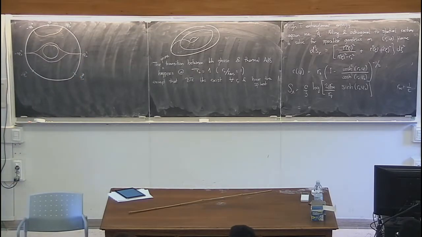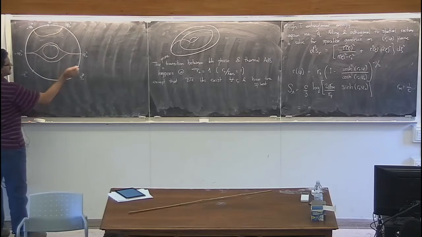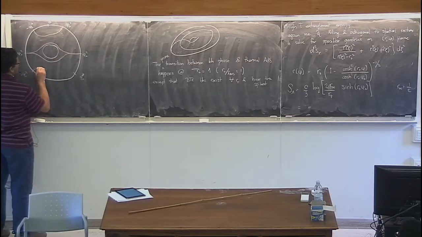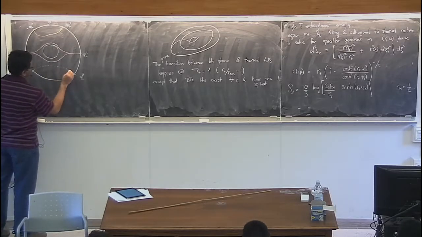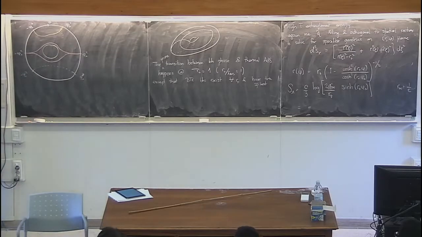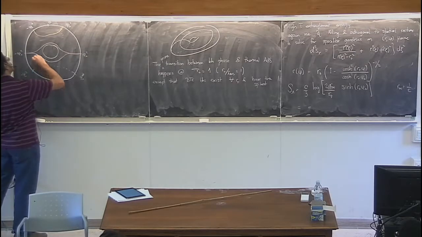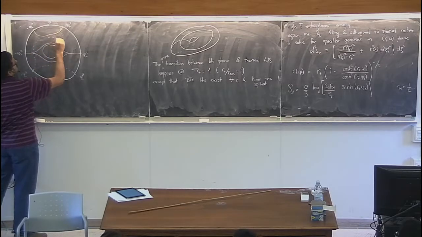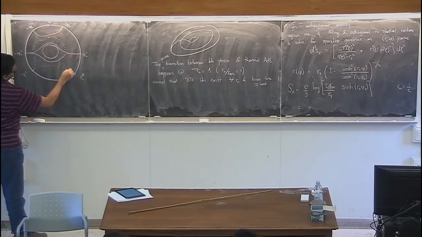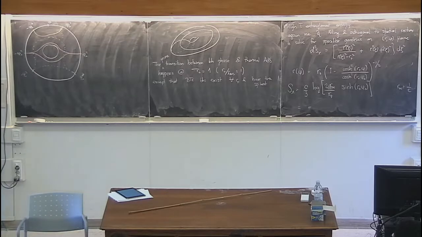Now we have two choices. This curve can either stay on this side of the black hole, or it can go back behind on the other side.